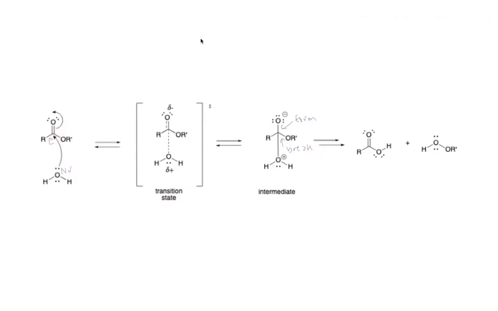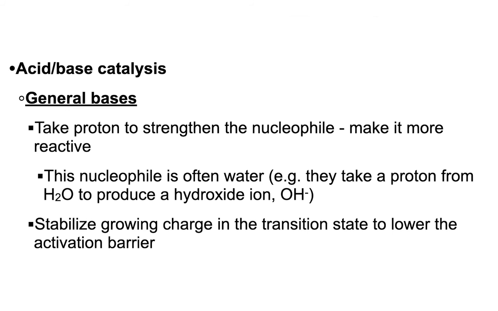So how can we make them stronger? We can do this with acids and bases. In the case of a general base, what we're going to do is take a proton from the nucleophile in order to strengthen it. So we might take a proton from water. When you have a hydroxide ion, that's going to be a much better nucleophile than a water molecule, and therefore it's going to be better able to attack.